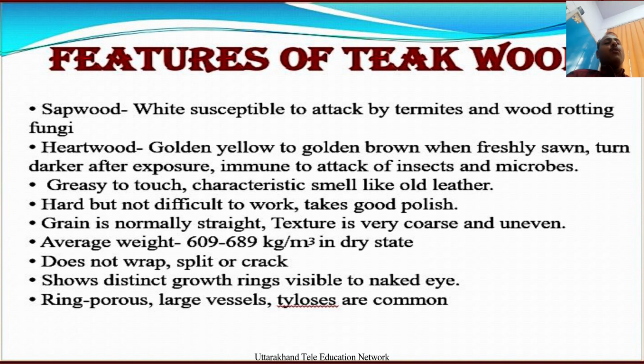It is a ring porous wood. Large vessels and tyloses are common. Ring porous means, since it is an angiospermic wood, vessels are there, and vessels are arranged in rings. In those woods where vessels are arranged in rings, they are considered as ring porous wood.